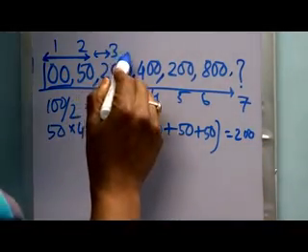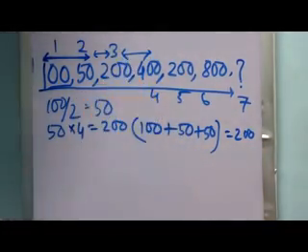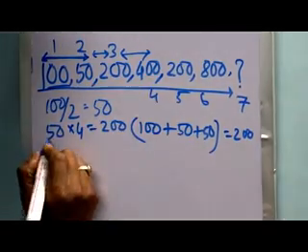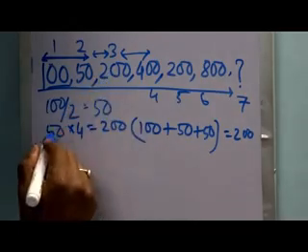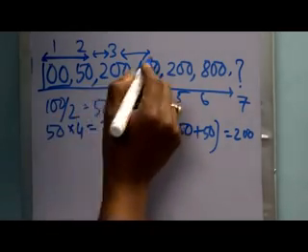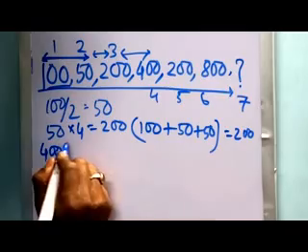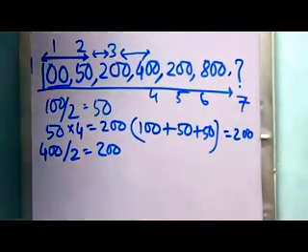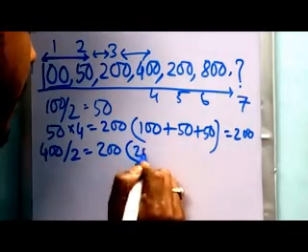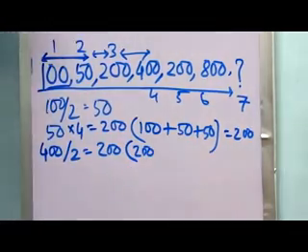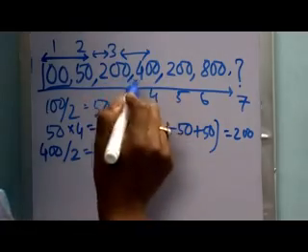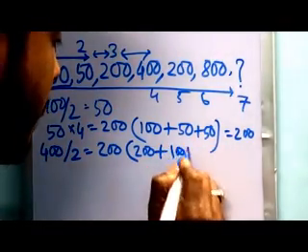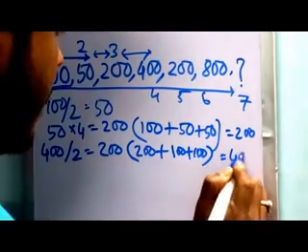Similarly, what is the relation between the numbers in the third and fourth positions? The fourth position number is 400 divided by 2 equals 200, and if we add 200 plus 100 plus 100, then we get again 400.